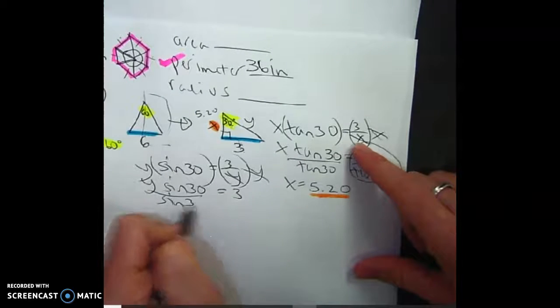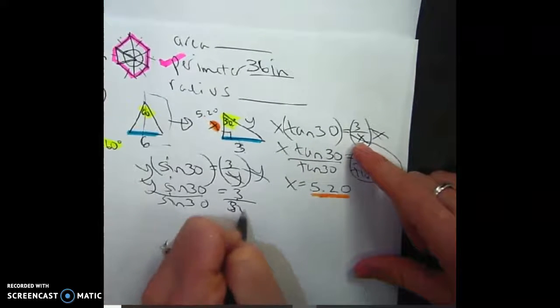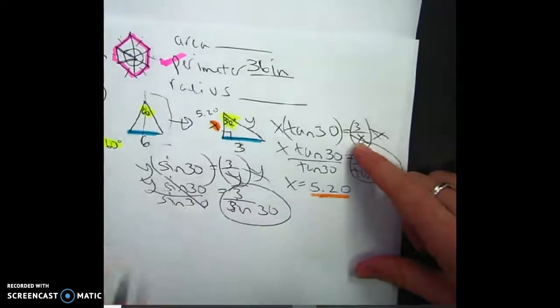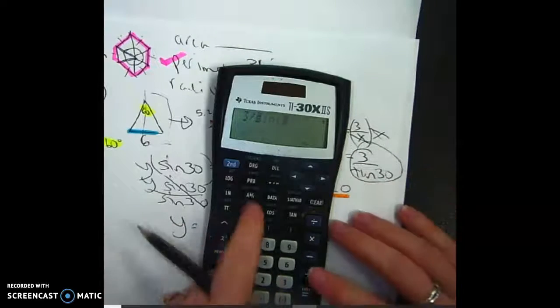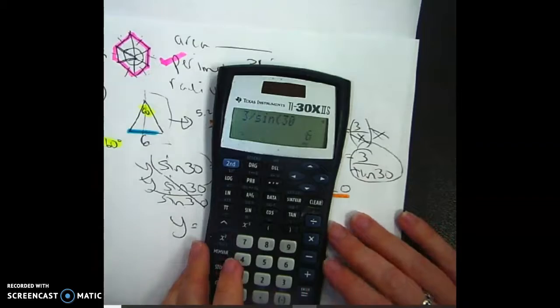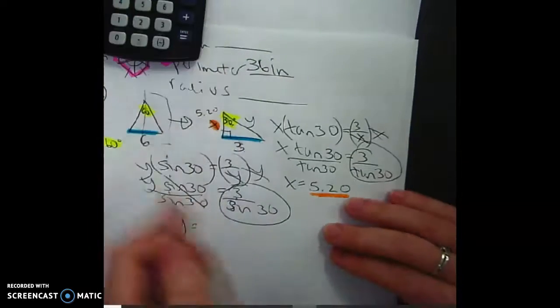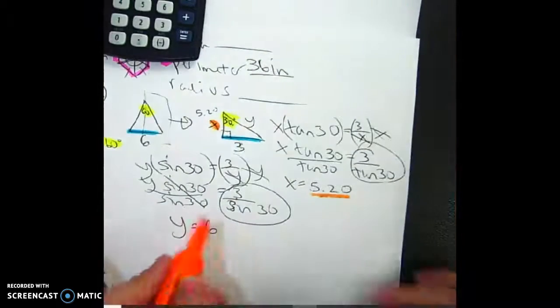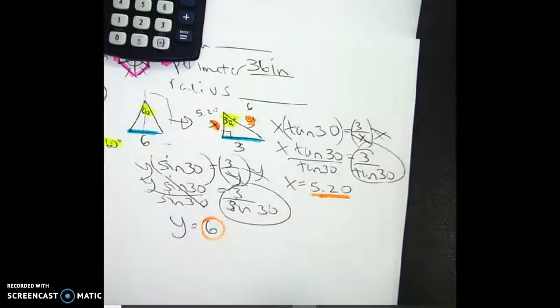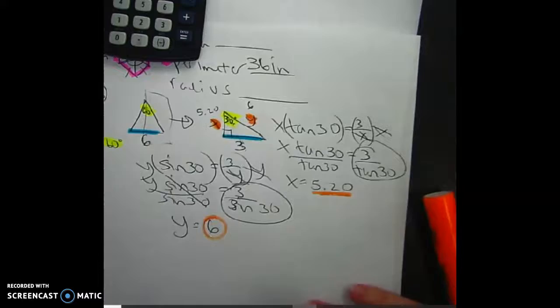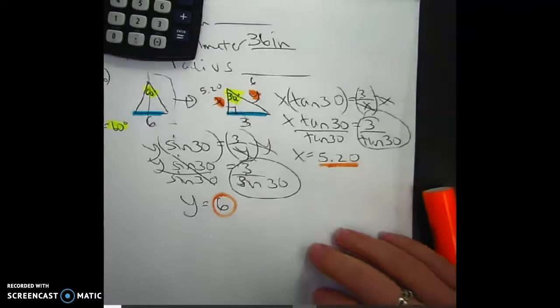Divide by sine 30, and plug that into my calculator so I can get y. 3 divided by sine of 30, and I get 6. So that means now this is 6.